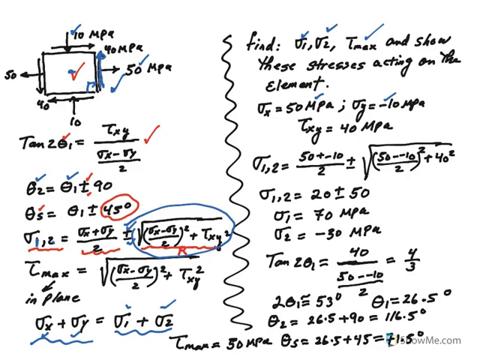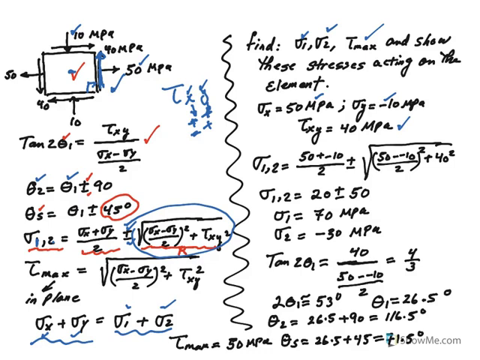And actually I showed you the sign convention before, how if this is a positive plane and this is in the positive direction, remember those subscripts, the first subscript refers to the plane and the second subscript refers to the direction. So positive times positive becomes positive. Okay, so that's a positive shear stress.